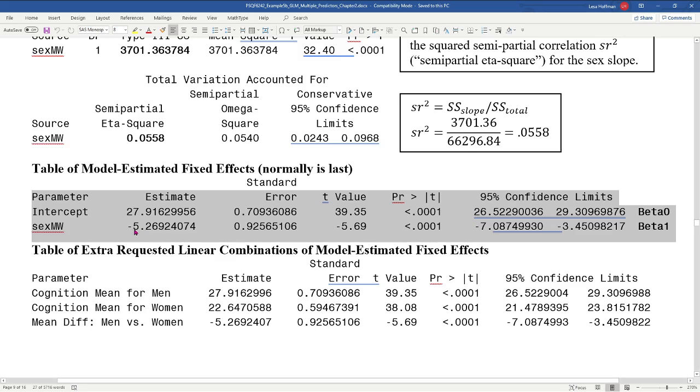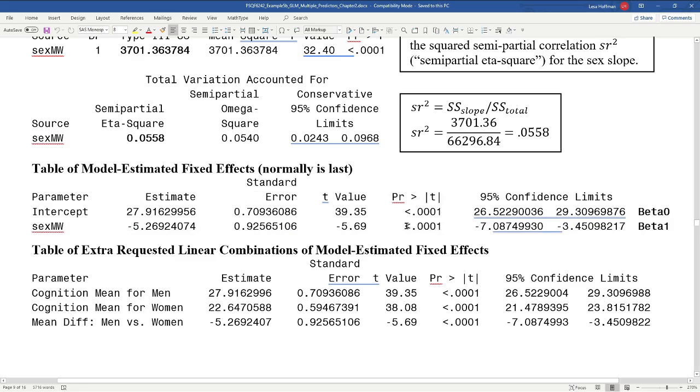And because the slope is negative, that means women as the one group are actually lower. They're lower by 5, significantly lower given the p-value. So if we take 27 as the estimate for what men are predicted to get, we subtract 5 from it to give us the gender difference. The result is about 22, which is what's given as the linear combination of those two numbers by the ESTIMATE statements in SAS or the LINCOM statements in Stata.